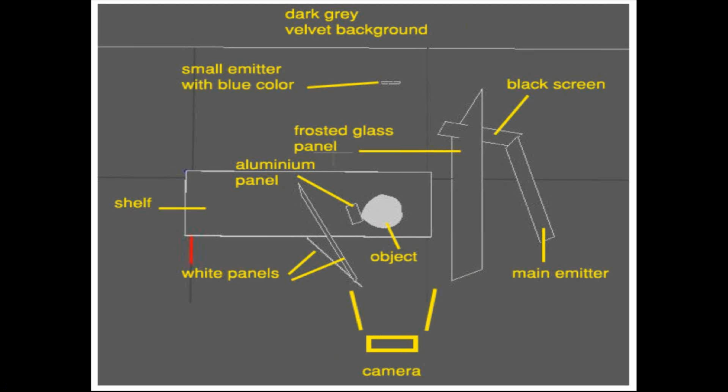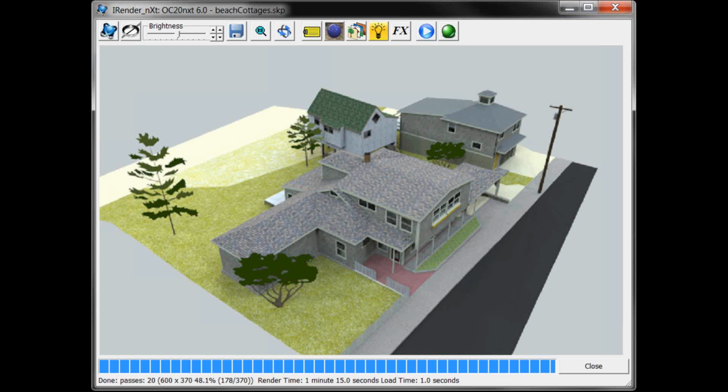Studio high dynamic lighting emulates this exactly. And so if we use studio high dynamic lighting and then render our model, here is the rendering that we get. You'll notice that the shadows on this model are present and pretty subtle.